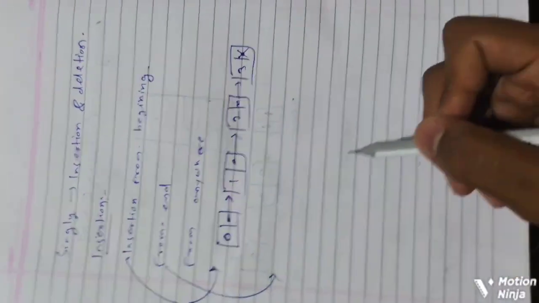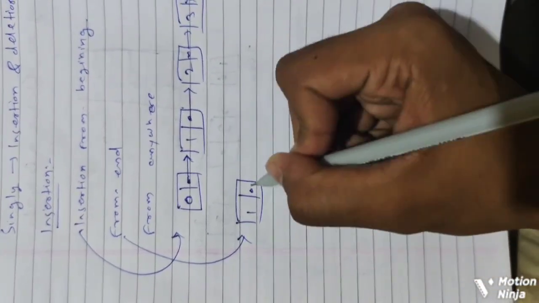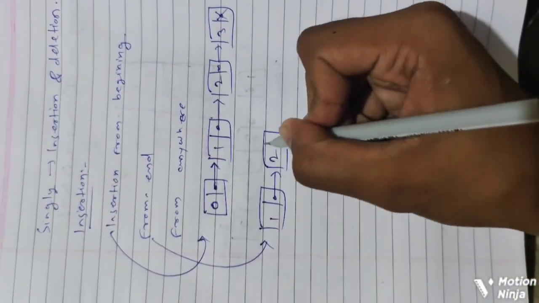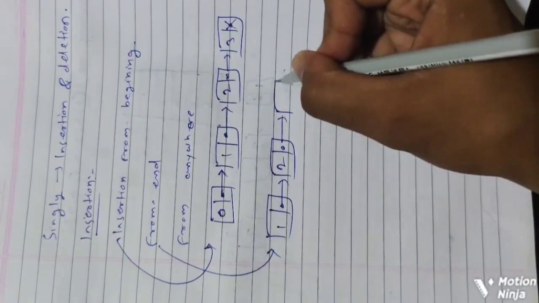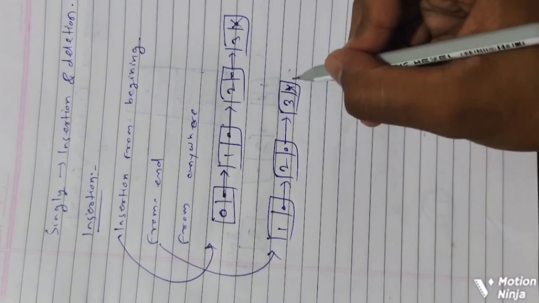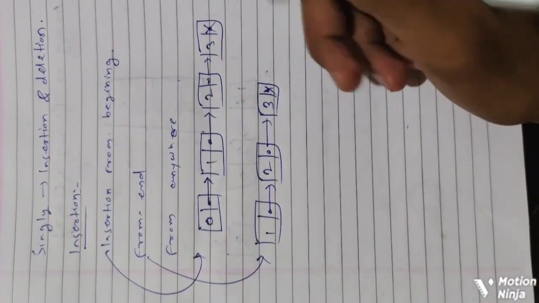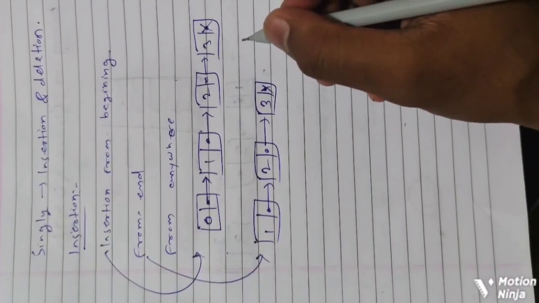Now from the end, we keep the header as it is, 1. Let's take an example, 1 2 3. The pointer of 3 is null before we insert the element in the linked list. Let us assume we have to insert the element 4.